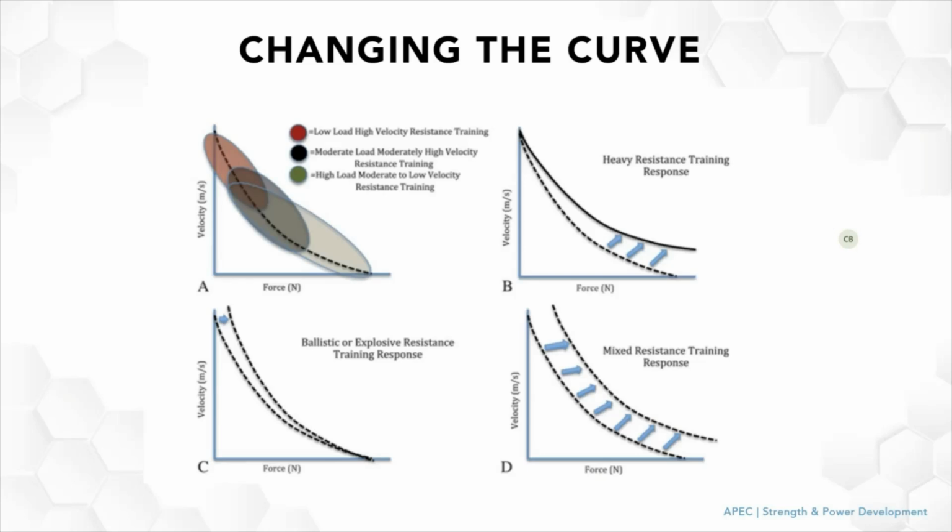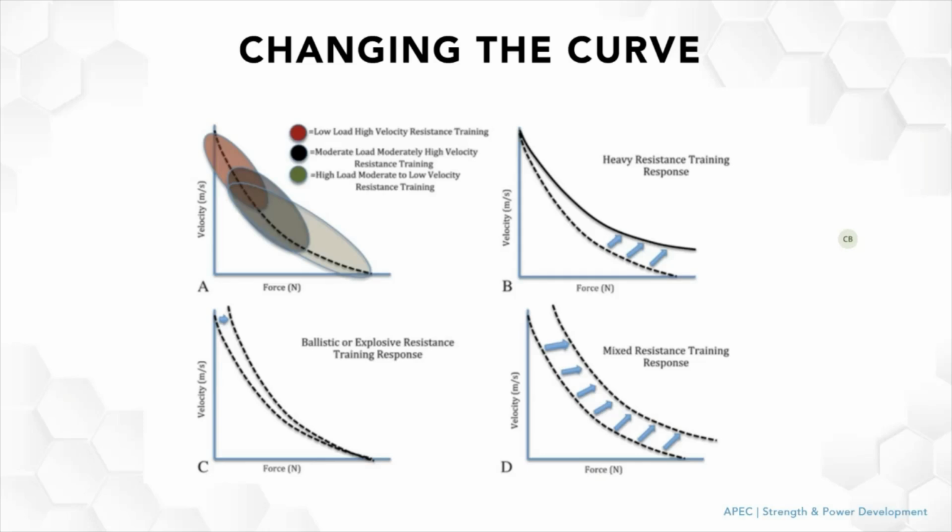It's still the same concept as Alex was covering earlier, they've just changed which axis each is on, okay? But looking at the top right graph here, what you can see is with heavy resistance training, the adaptation we're making to this force velocity curve is we're moving the force aspect of that curve up and to the right, okay? So this means that we're able to produce more force at those slow velocities, okay?